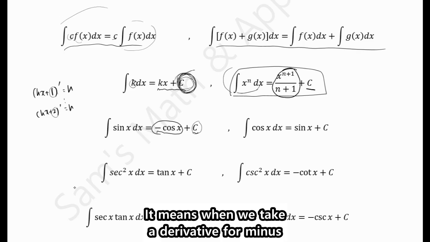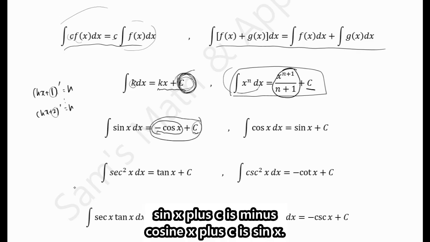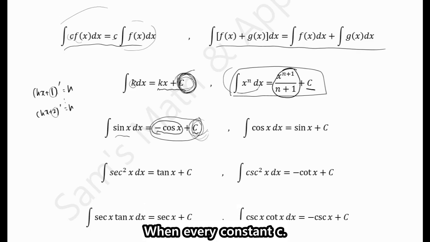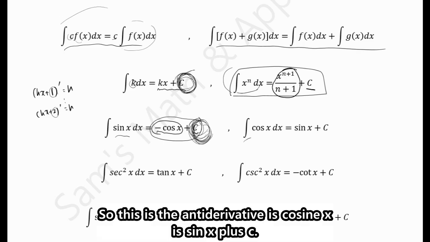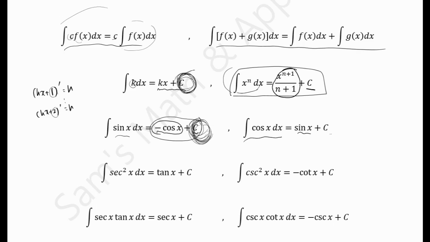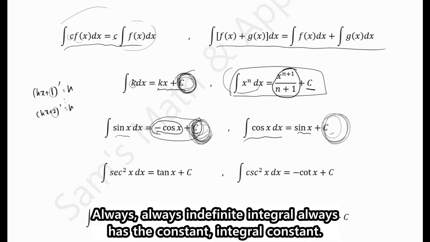It means when we take the derivative of minus cosine x plus C, we get sin x for every constant C. So the antiderivative of sin x is minus cosine x plus C; an indefinite integral always has the integral constant.